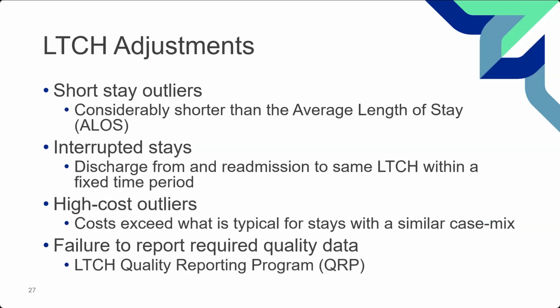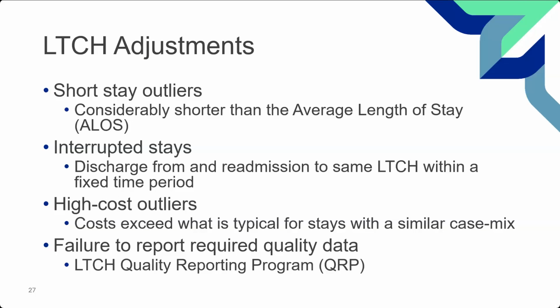We also do have to look at interrupted stays, which is discharge and readmission to the same long-term care hospital within a fixed period of time. So you left, but you came back. Well, why did you leave? What's going on with that? Then high cost outliers.